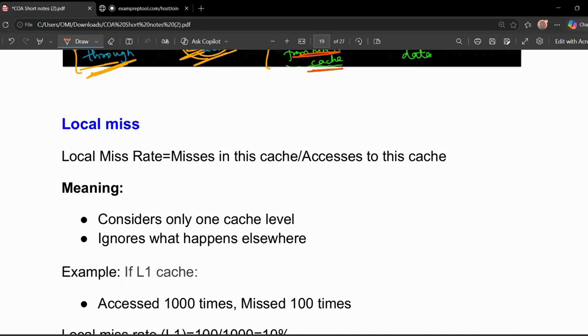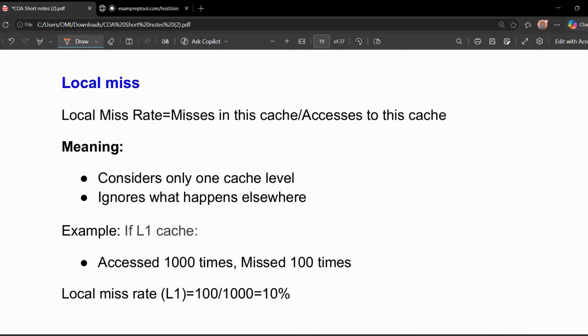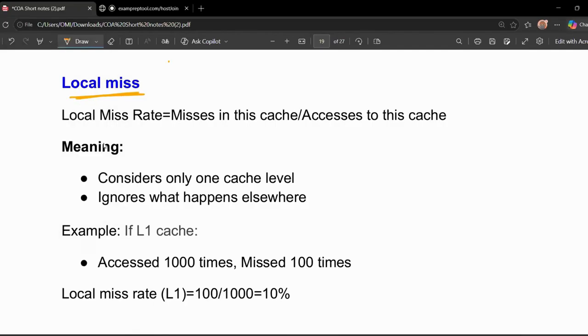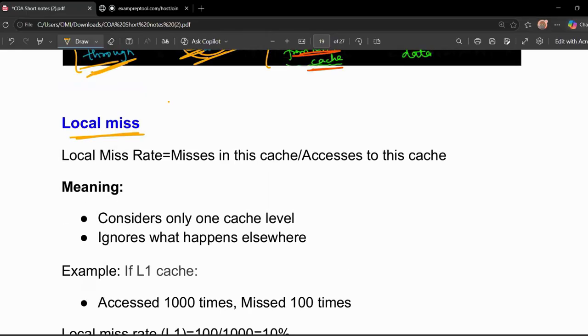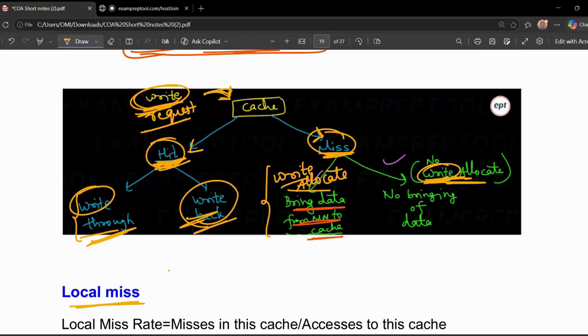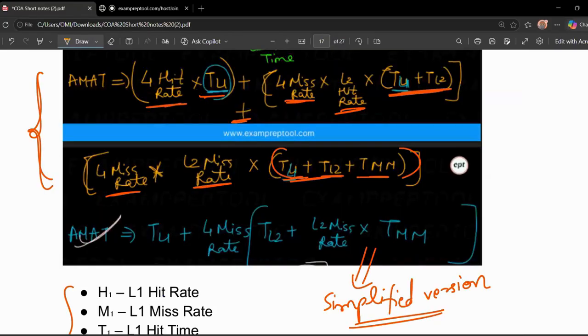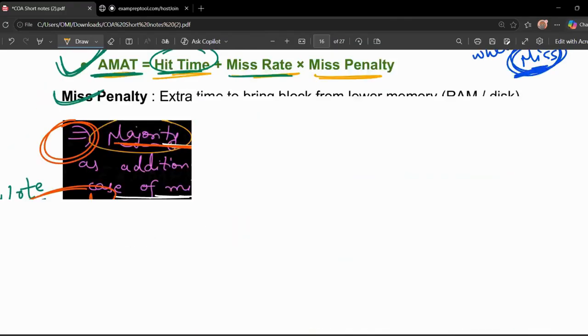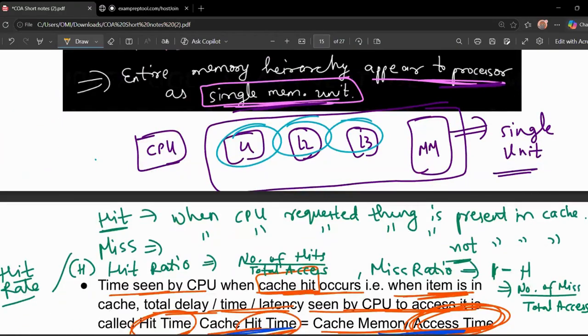Now we will see what the local miss is and what the global miss is. Local miss is also important, and as I told you, PYQs come from this.